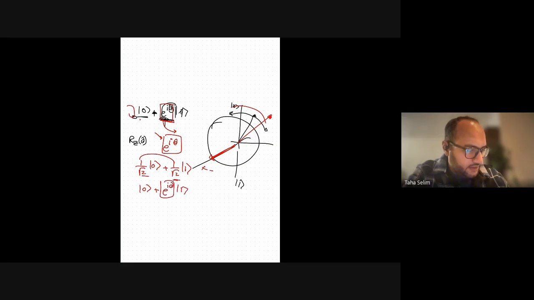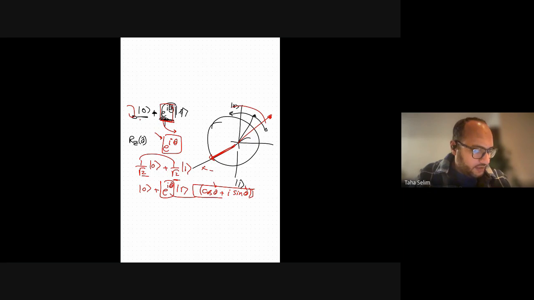This still shows us the movement on the Bloch sphere, but in an indirect way. It's because this is actually cosine theta plus i sine theta. So if I can design a problem where I can compute this theta, I can pretty much get the vector on the Bloch sphere. So the location of the vector will represent for me the eigenvalue. So the trick is to find this theta.